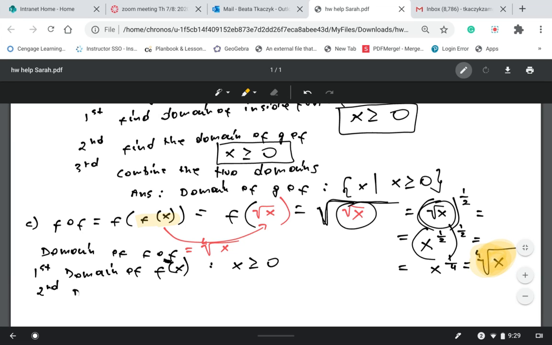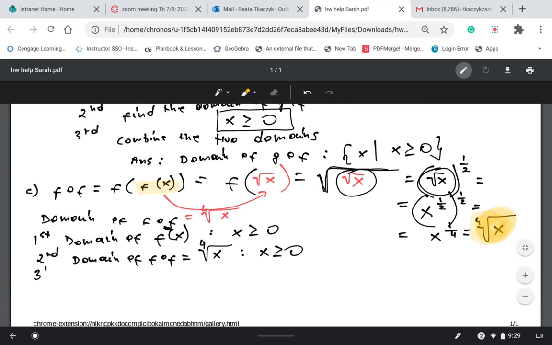Second, the domain of your final composition, the index 4 radical of x. So the same thing, the domain of this function is also x greater than or equal to 0. So third, when you combine the first and second domain, we're getting the same thing.